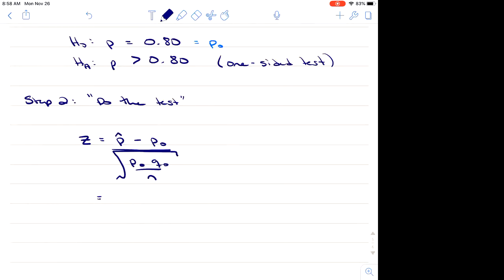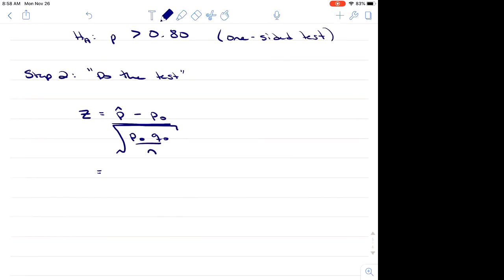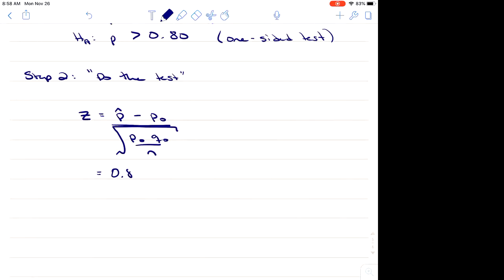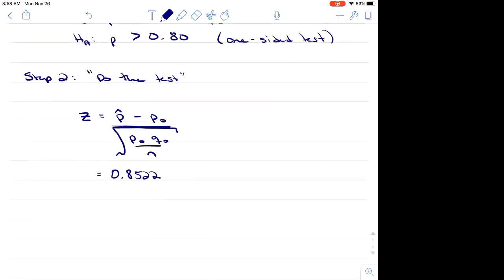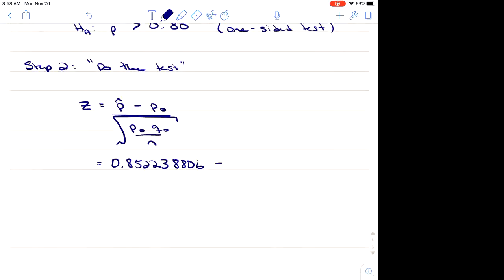So we've got our sample proportion of 0.8522388806. But like I said, if you have to round, then go to 4 decimal places. Minus our hypothesized proportion, 0.80.